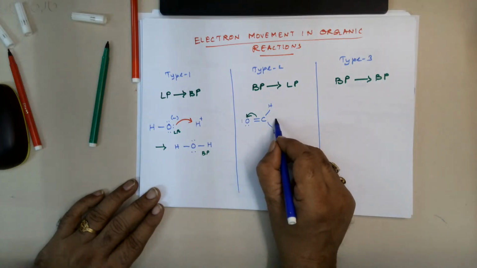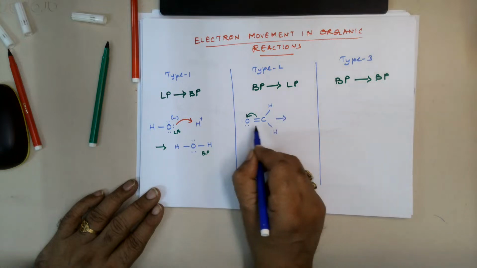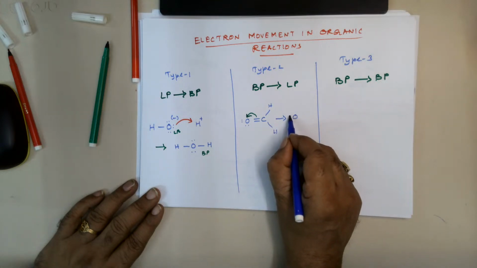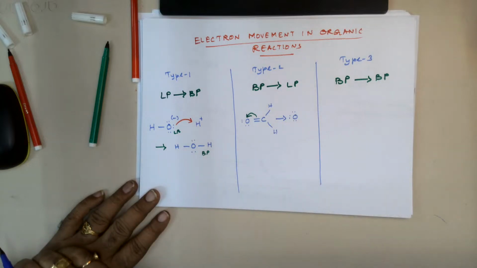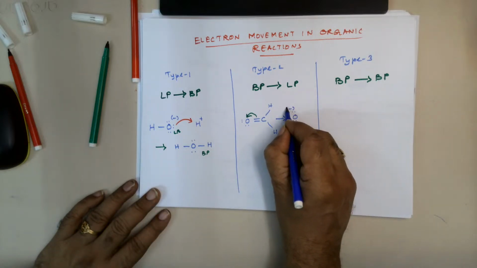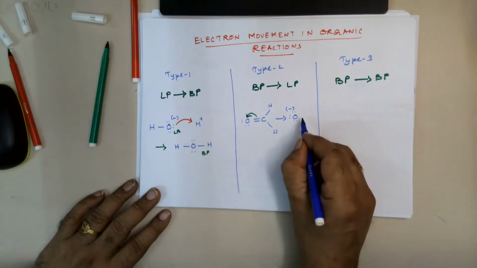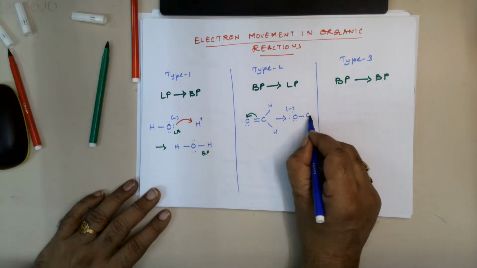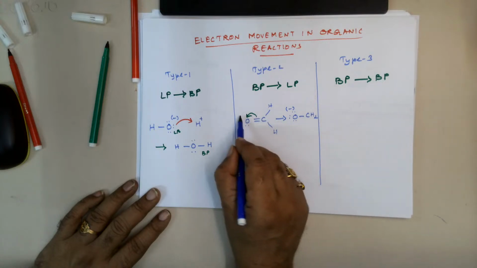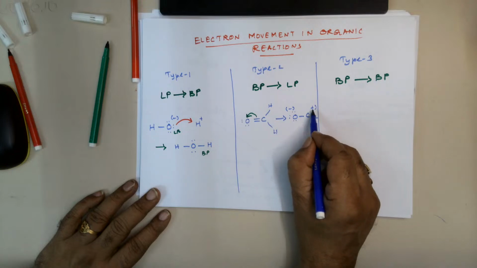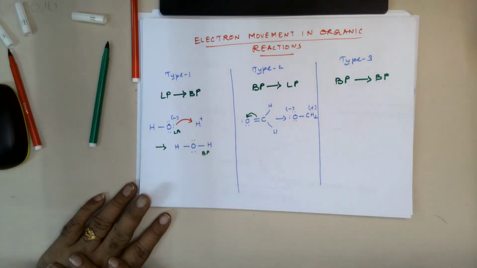So that it becomes O, and the excess pair is moved here, so it becomes minus. Then it becomes CH2. This carbon has lost one electron, so it becomes plus. Do you understand this? Okay.